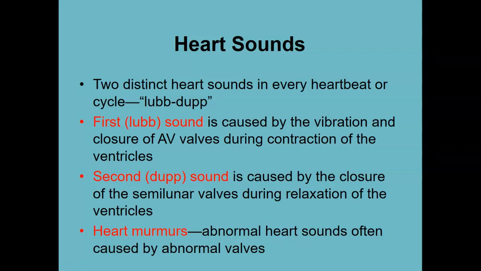So doctors can hear, using a stethoscope, a leaking of the blood going from the right to the left during ventricular systole. And that sound in young children usually goes away by the time they're 2. They call that a heart murmur, a pediatric heart murmur, an infant heart murmur.